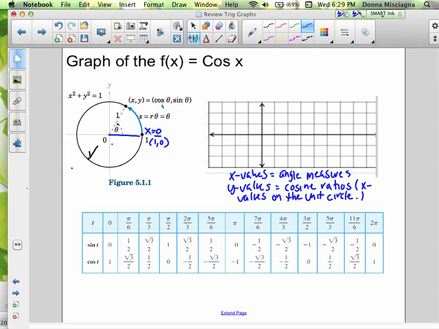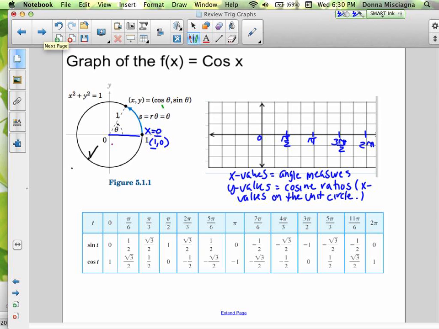So the point that we would graph, oh, and again I have to do this. So this is 0 and pi halves and pi and 3 pi halves and 2 pi. Yeah. All right, so the point that we would graph would be the point 0, 1.